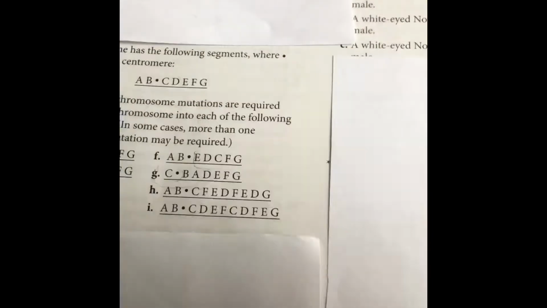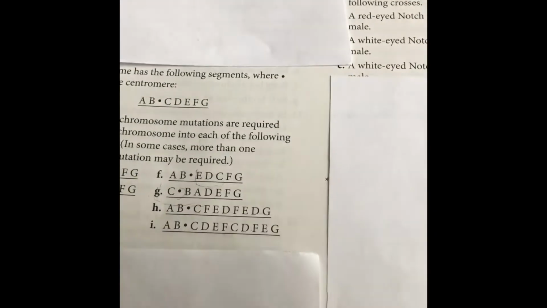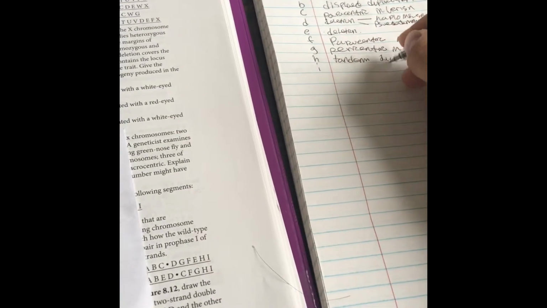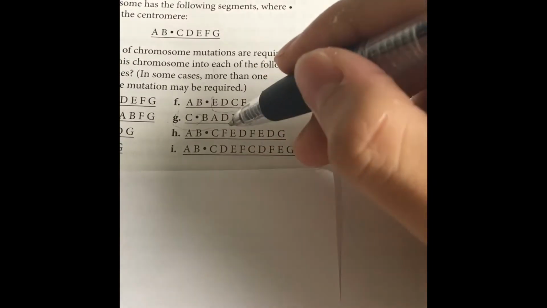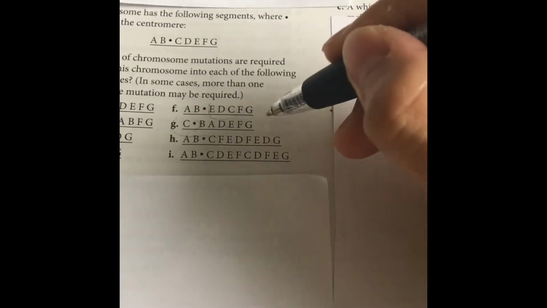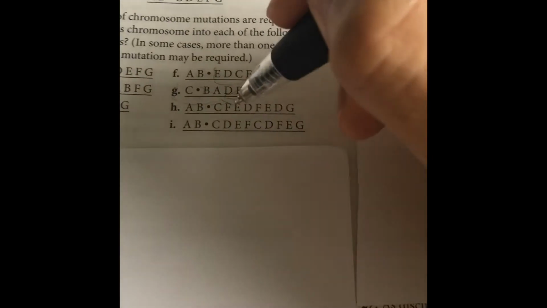They're right next to each other. That makes it not only a duplication, but a tandem duplication. So I'm going to write tandem duplication. But in addition, it is also an inversion because it should be DEF going this way, not going that way. So that says it's an inversion, and it would be a paracentric inversion because the centromere is not involved.